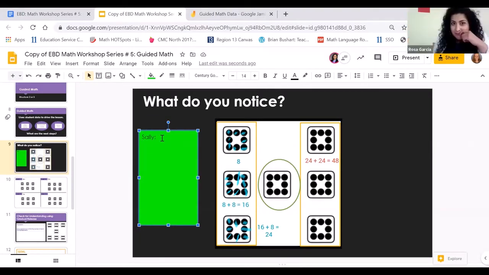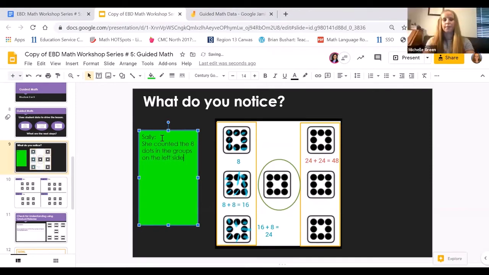I'm Sally, right? Yes. I noticed that she counted the 8 dots in the groups on the left side. Okay. What else do you notice? And then I noticed that she added, so she saw that it was 8 at the top, 8 in the middle, and 8 at the bottom.